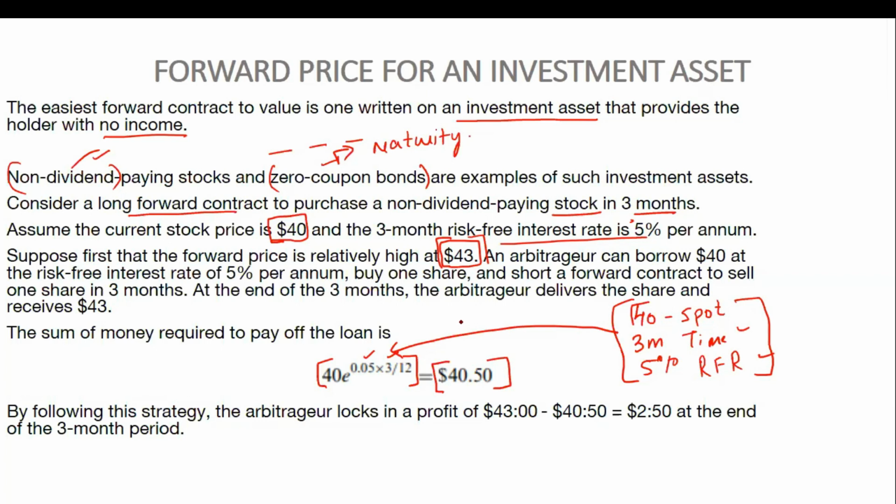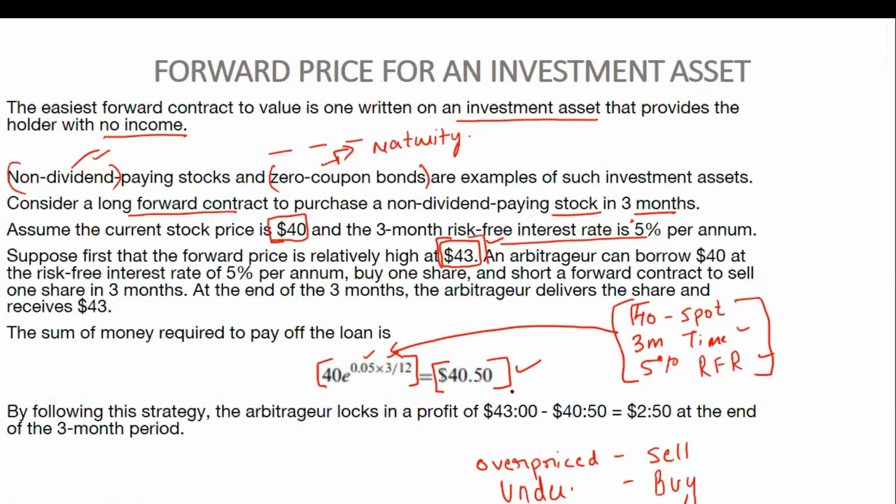So by following this strategy, you are going to sell the forward. Whenever something is overpriced, we sell. Whenever something is underpriced, we buy. So here, the forward contract is overpriced.